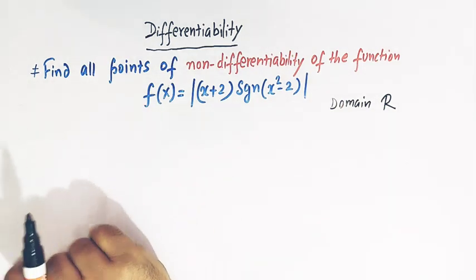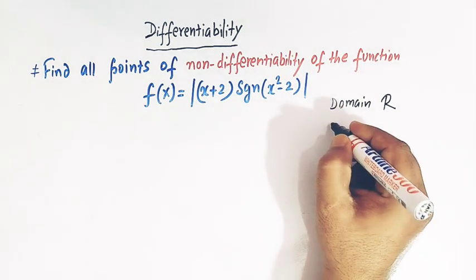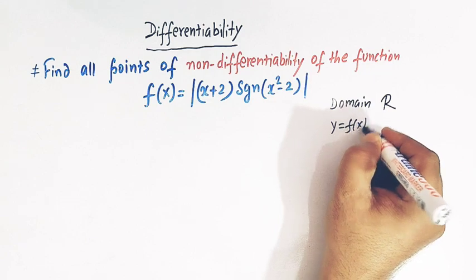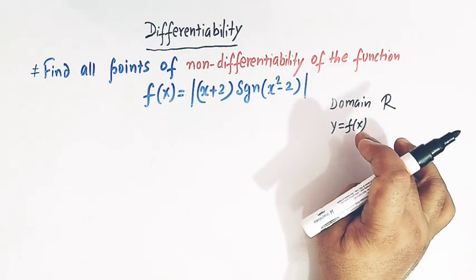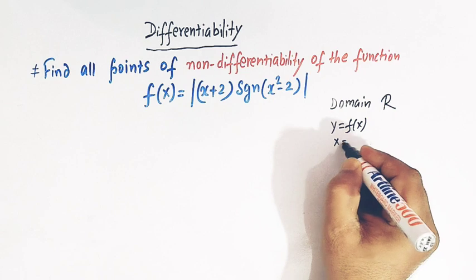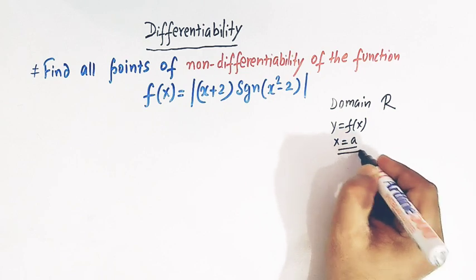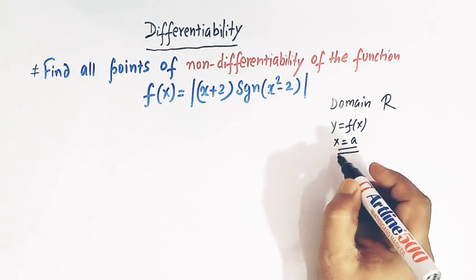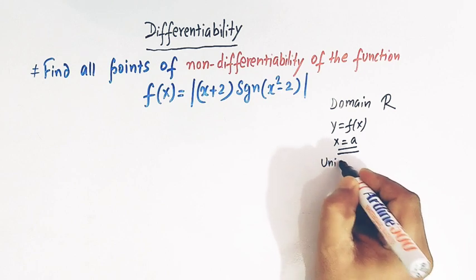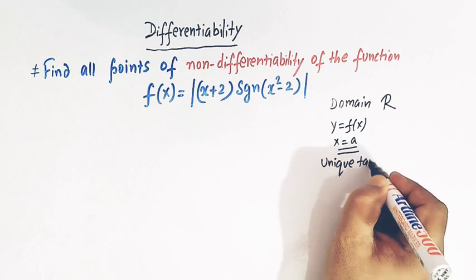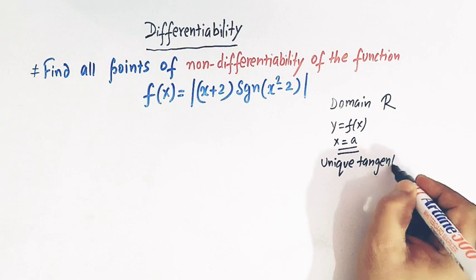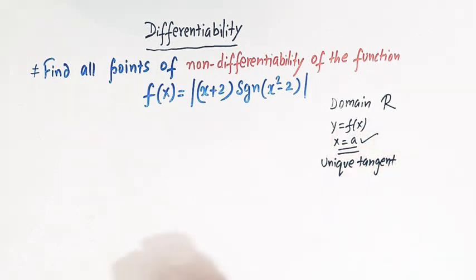So the differentiability of a function implies that if we have a function say y is equal to f of x, and this function is differentiable at some point say x is equal to a, then it implies that there must be a unique tangent at that point which is x is equal to a, right?